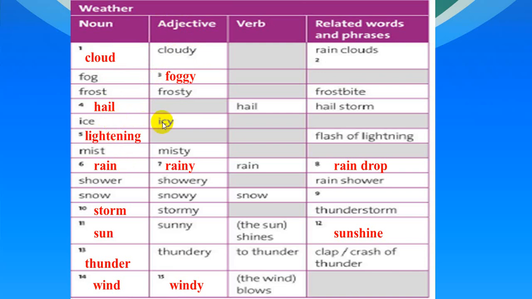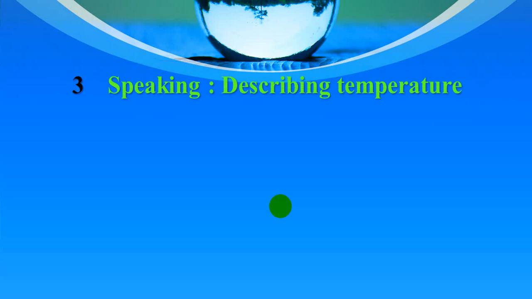And so on. So, when we want to derive an adjective from the noun of a weather word, we add y. And the verbs are the same as the noun, the same form, without change. Good.